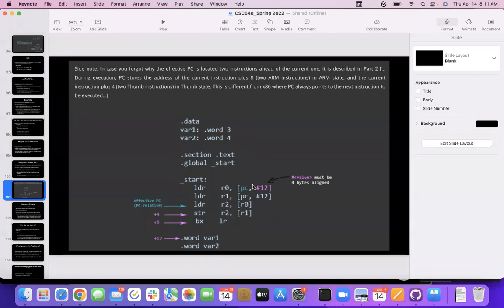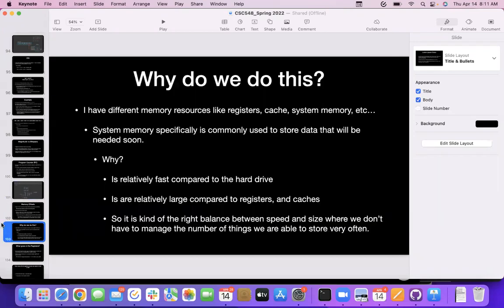And then we're going to take 12 byte-sized steps from there to get to a new place in memory that's relatively close to this instruction, but a little bit farther down the road. And it's that value, the value we find there, that we're going to load into R0. So this idea of base addresses and offsets is something we find in our high-level programming languages. It's something we find underneath the hood in our assembly language. It's how computers typically work.